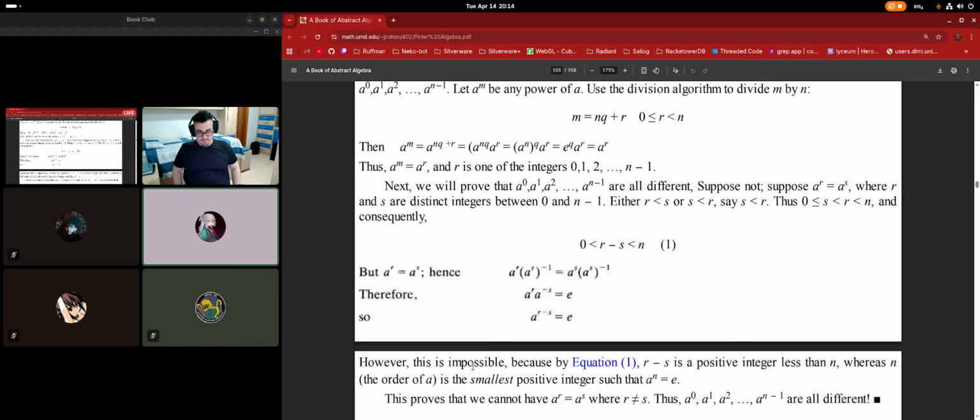Yeah. But that means that actually a to the r times the inverse of a to the s should be identity, right? No, yeah, that is the demonstration that is happening here. That still doesn't explain why the left-hand side is this to begin with.